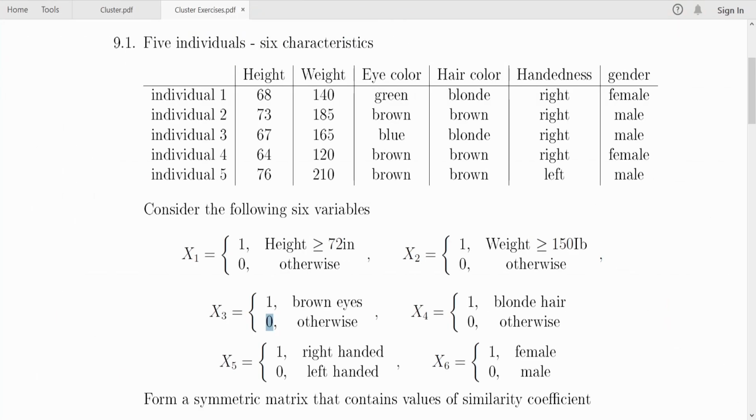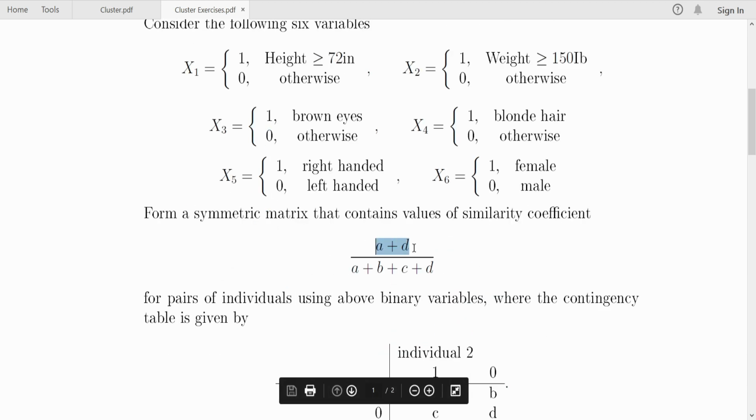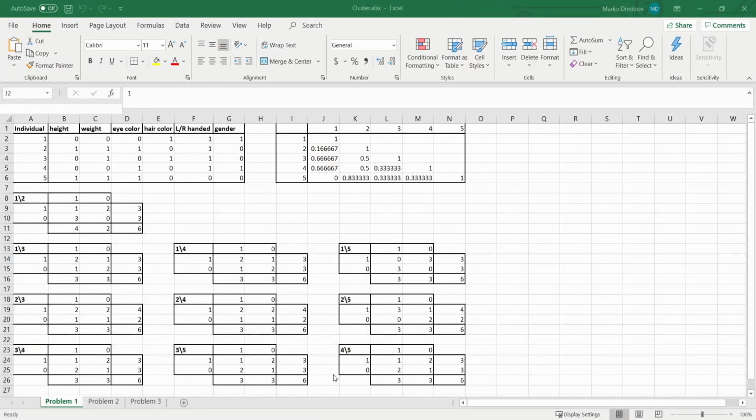Okay, let's go to the PDF. We can see here our similarity coefficient with equal weights. We need A plus D, so 1, 1 matches plus 0, 0 matches, divided by the sum of all. Let's go back to Excel and compute each of those similarity coefficients.